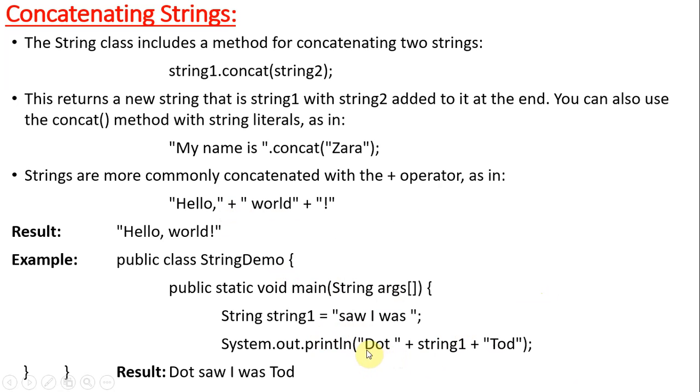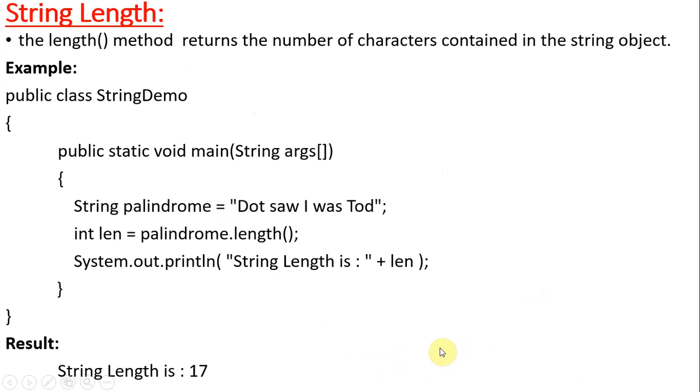If you want to print some text with some value, for example if you want to print length, the text is string length is, and after that you have to specify the length. If you want the output like this and you didn't specify plus, it will give an error. This is a string literal and this value has to be printed as output, so that's why we are using plus. Concatenation we are performing there.